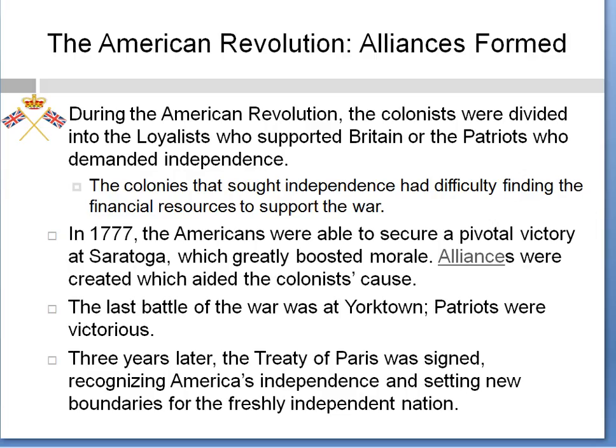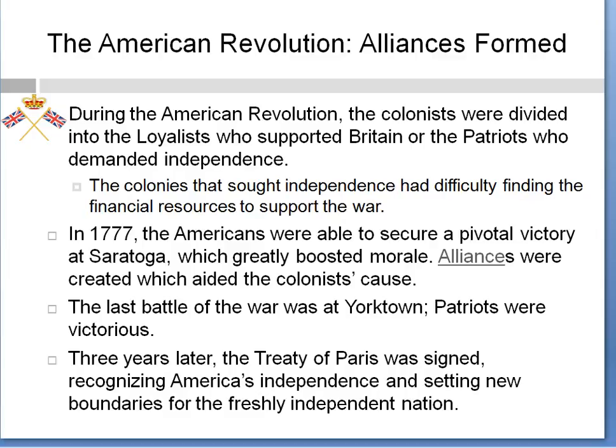Now, let's look at the American Revolution and some of the alliances that formed. During the American Revolution, the colonists were divided into the Loyalists who supported Britain or the Patriots who demanded independence. The colonies that sought independence had difficulty finding the financial resources to support the war.